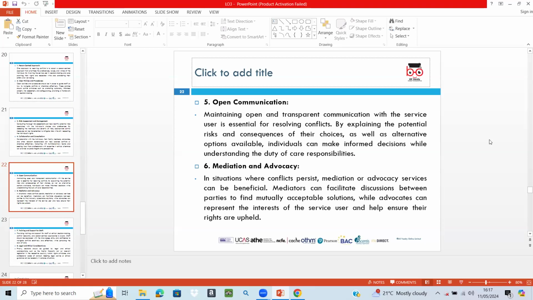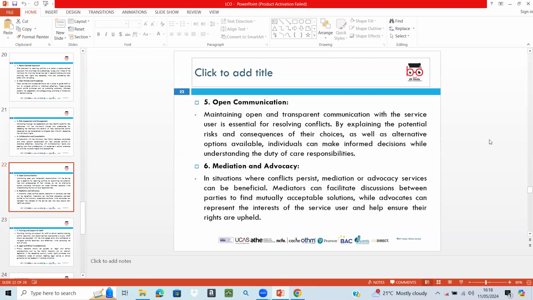If we discuss open communication, we can say that maintaining transparent and open communication is vital for resolving conflicts by ensuring that the service user is well informed about their choices and associated risks. By engaging in honest decisions and presenting alternative options, all individuals can make decisions while understanding the responsibilities of caregivers in upholding their safety and well-being.